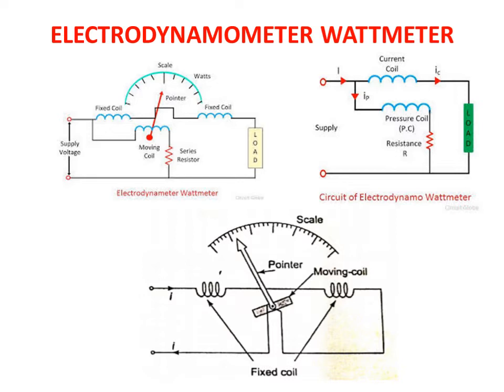You can observe this in diagrams 1 and 2. The fixed coil is connected in between the supply and the load, and that fixed coil is the current coil. The moving coil is connected across the load.